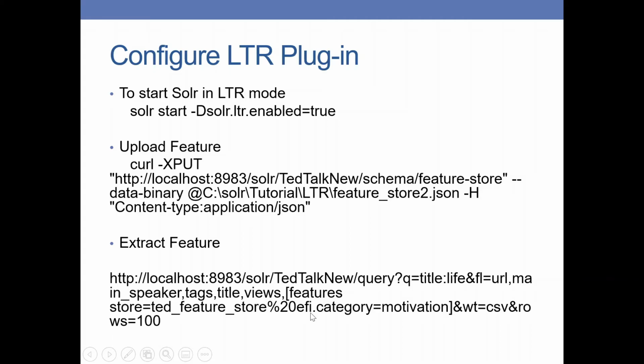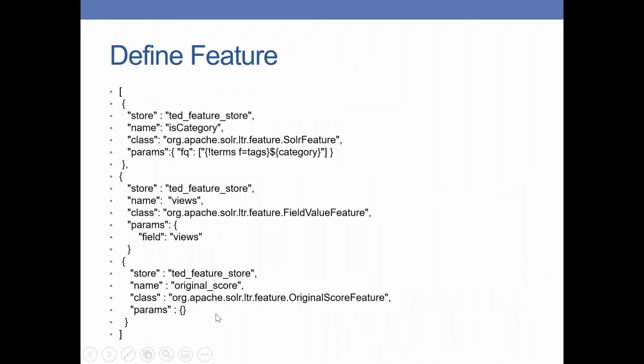If there are any dynamic parameters you are passing as part of the feature store, that should also be done. Here, wt is nothing but the output format, and the rows parameter is how many rows of data you want to extract. So next, define feature. Define feature is the JSON file.